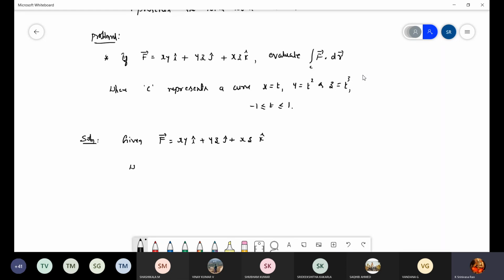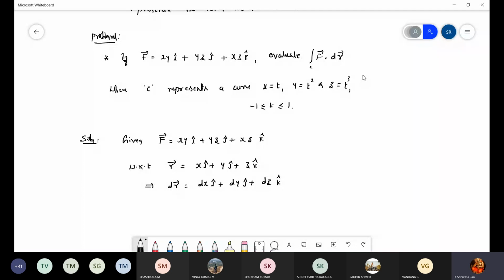We know that r equals xi cap plus yj cap plus zk cap implies dr equals dx i cap plus dy j cap plus dz k cap.